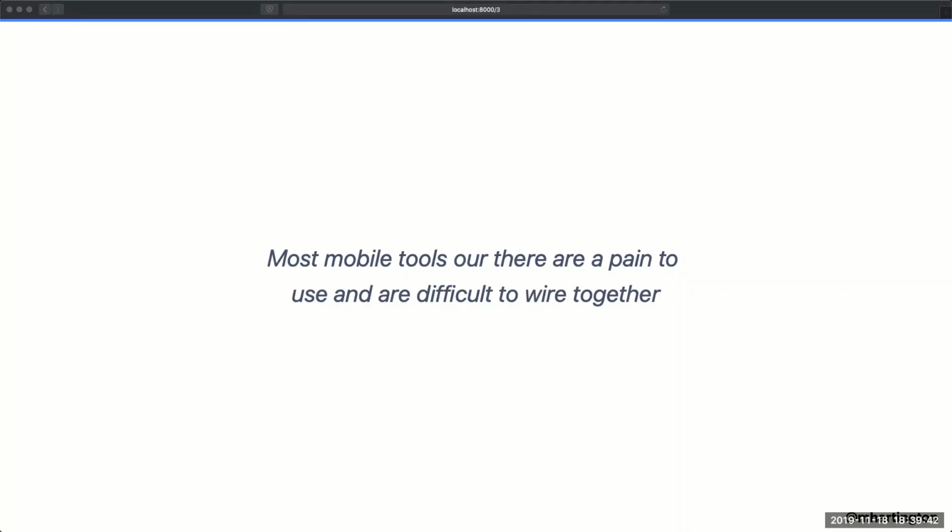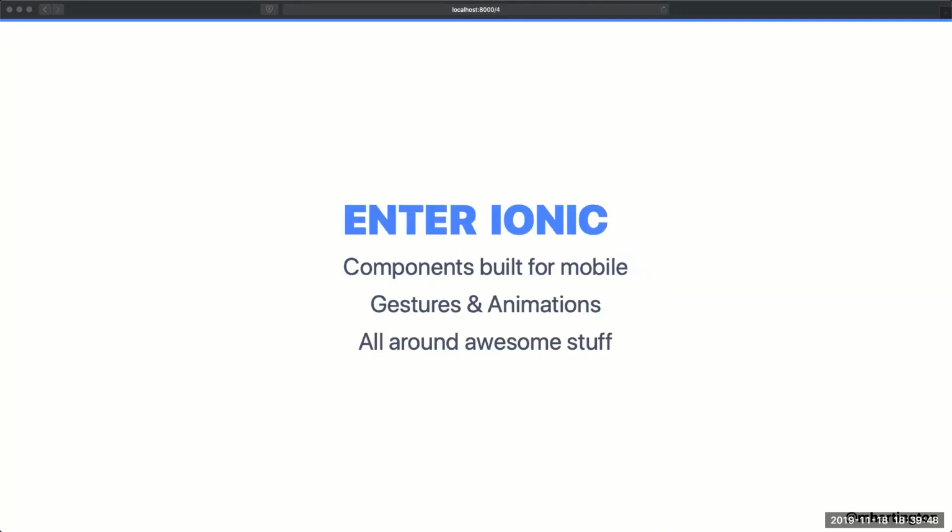So this is what we noticed and what really drove us to build Ionic in the first place. We took all the ideas from different frameworks that we really liked at the time and said, what if we could take all the stuff that is good about them and get rid of all the stuff that we don't necessarily like or isn't necessarily fit for a mobile device?